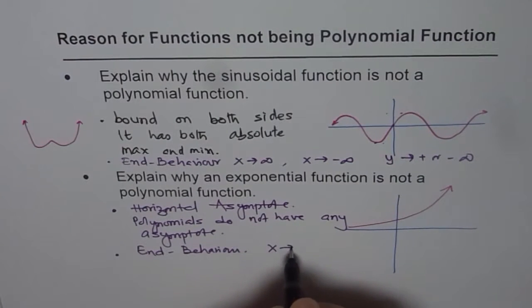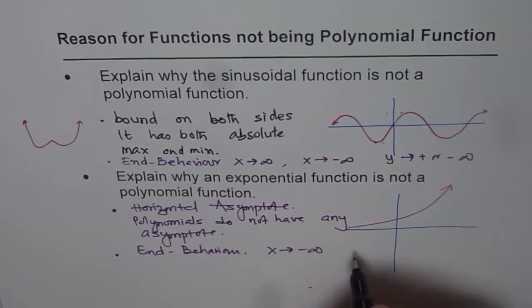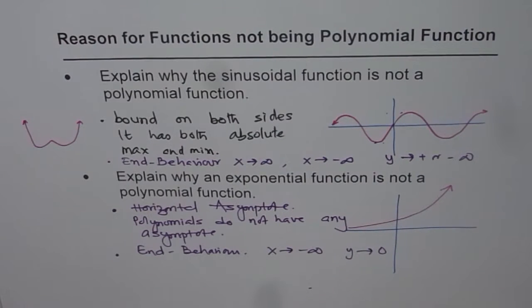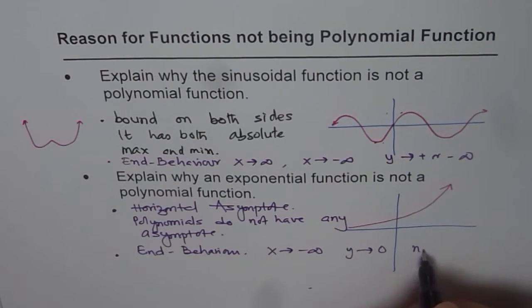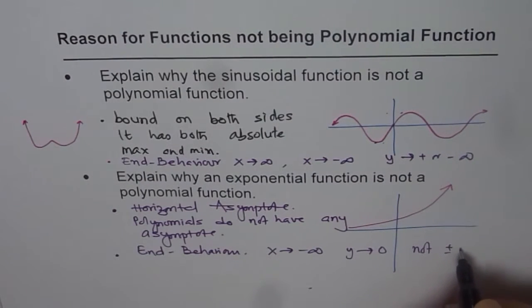As x approaches negative infinity, y approaches 0, which is the horizontal asymptote. So either way you could explain that a polynomial will approach positive or negative infinity. That is very important. But here, as x approaches negative infinity, y is approaching 0, not plus or minus infinity.